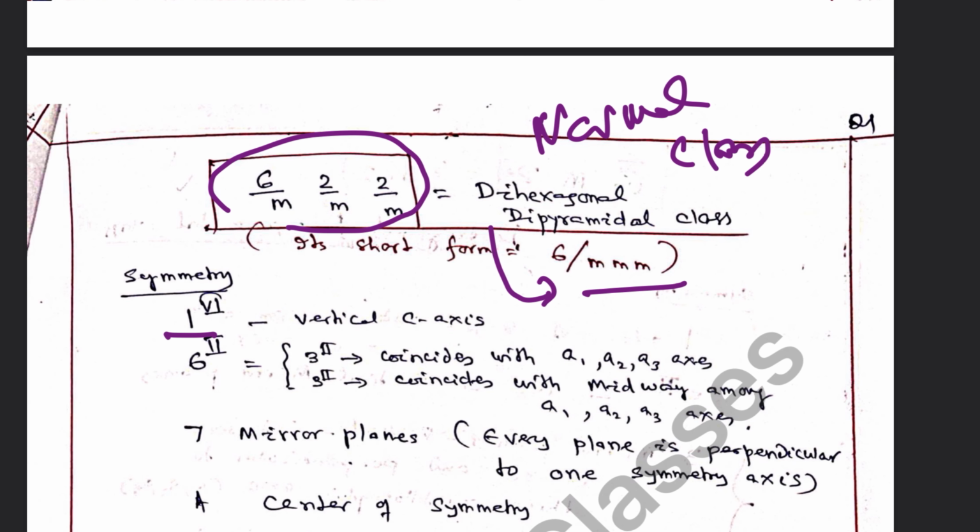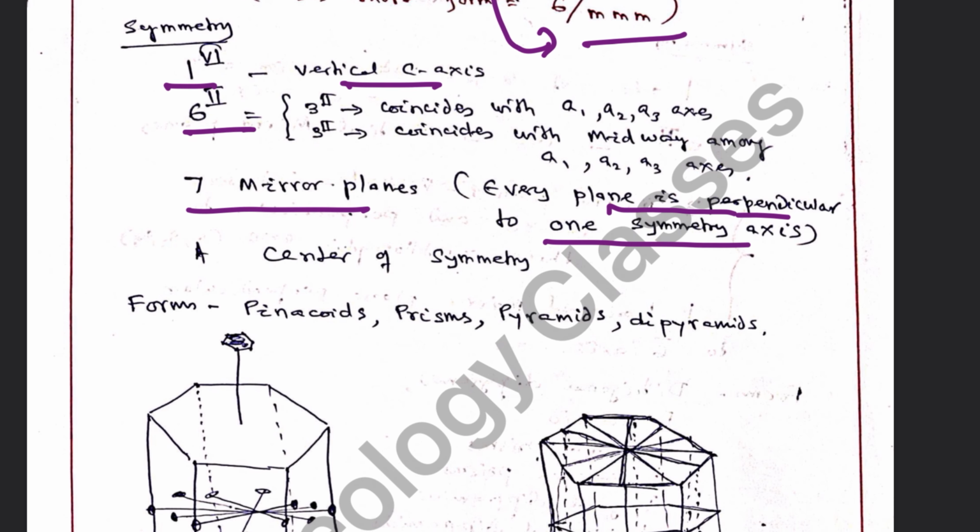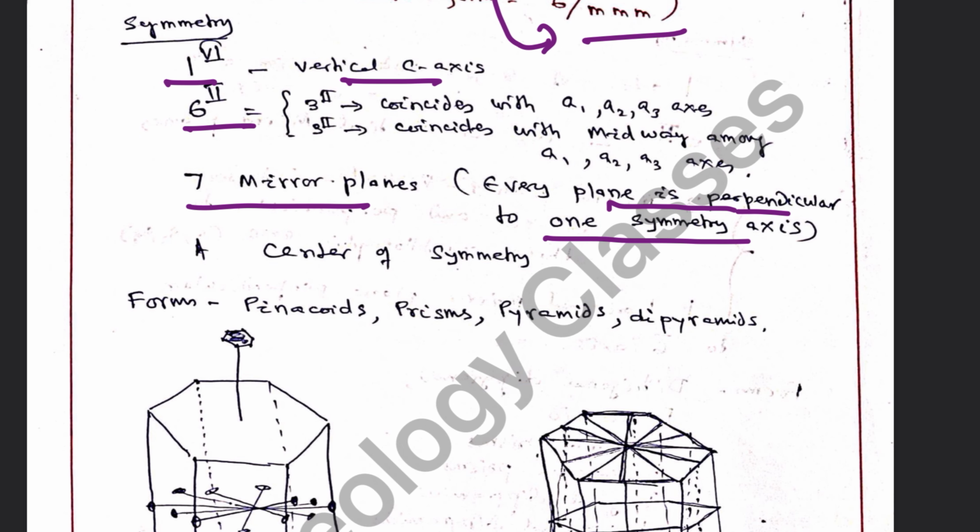Symmetry elements: one axis of 6-fold, that is the vertical C axis, and 6 axes of 2-fold, 3 are axial and 3 are midway between the horizontal axes. 7 mirror planes, one horizontal, the other 6 vertical. Except the horizontal plane, the other 6 planes are vertical and perpendicular to the symmetry axes.